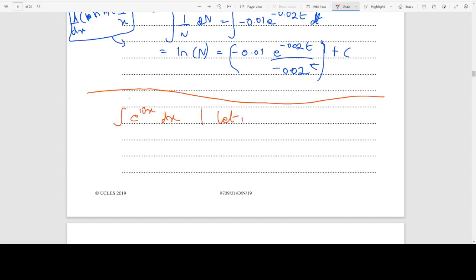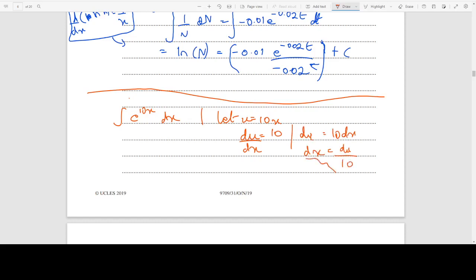So let u equals 10x. So du with respect to x is equal to 10, so du equals 10 dx. So dx equals du upon 10.